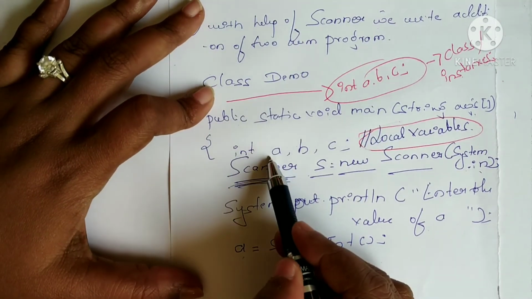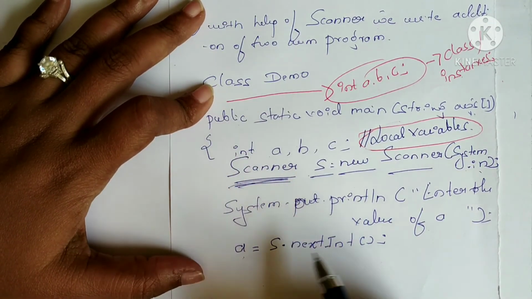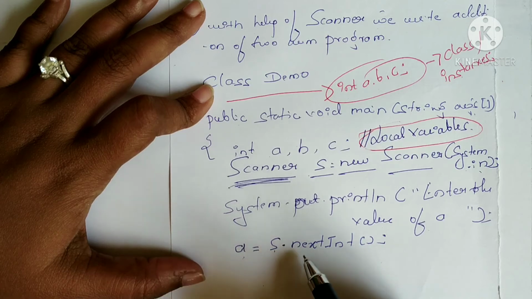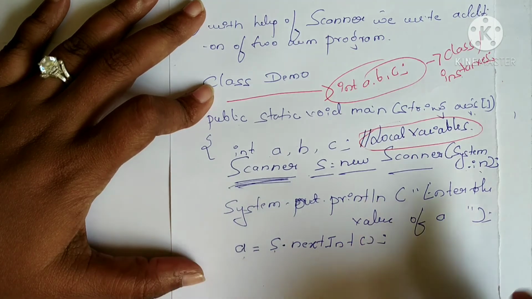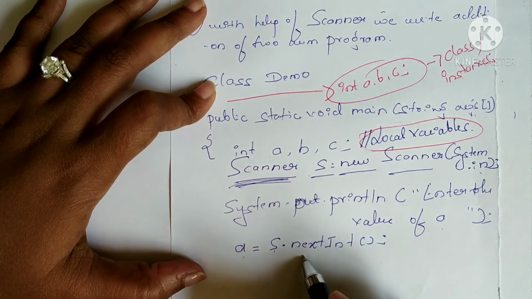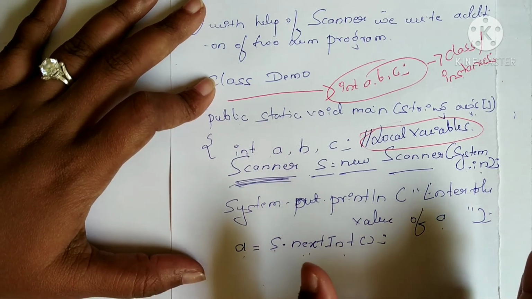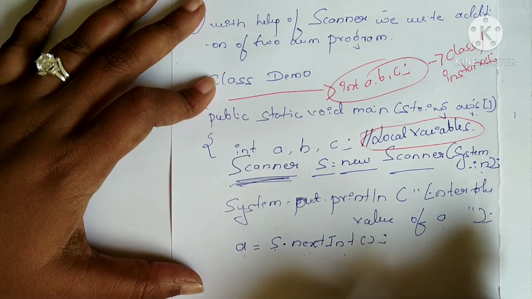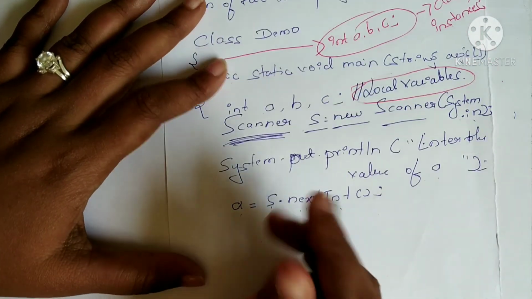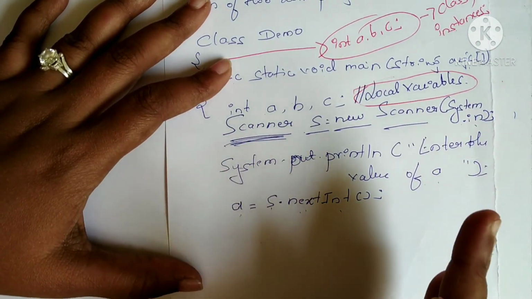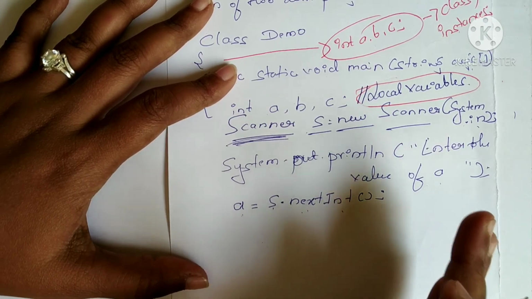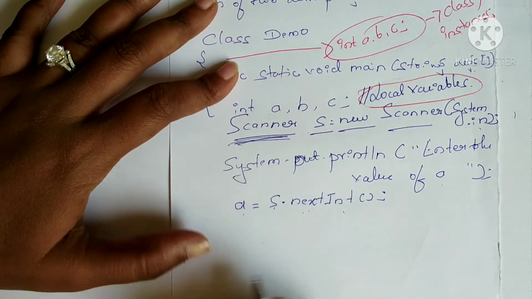A is the variable. With the help of the scanner object, we read a's value with nextInt. nextInt is the method used to read the integer value from the console. For a's value, the statement is completed.